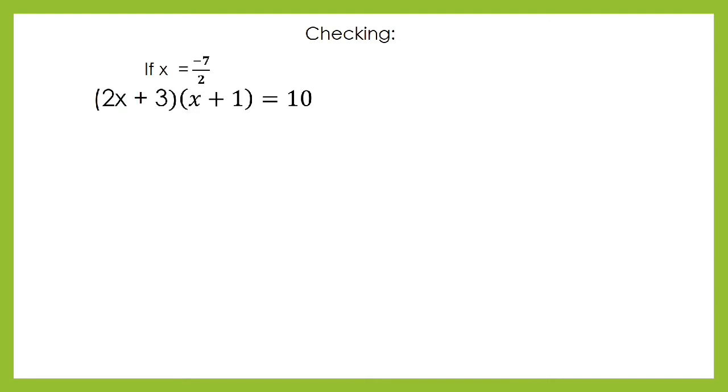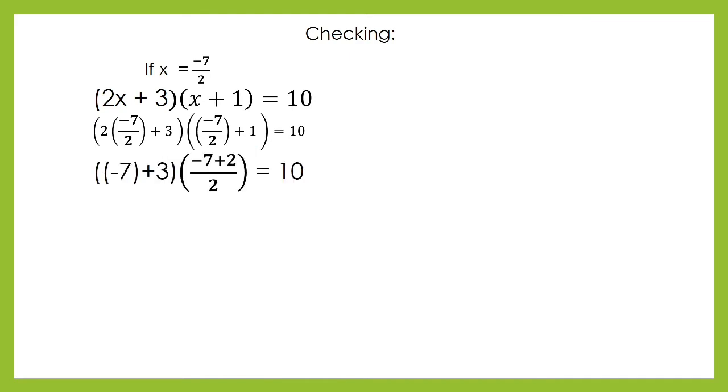Substitute to the original equation. Palaging sa original equation magsasubstitute. We have 2 times ang x is negative 7 over 2. So, we have negative 7 over 2 plus 3. Okay, times x is negative 7 over 2 plus 1 equals 10.